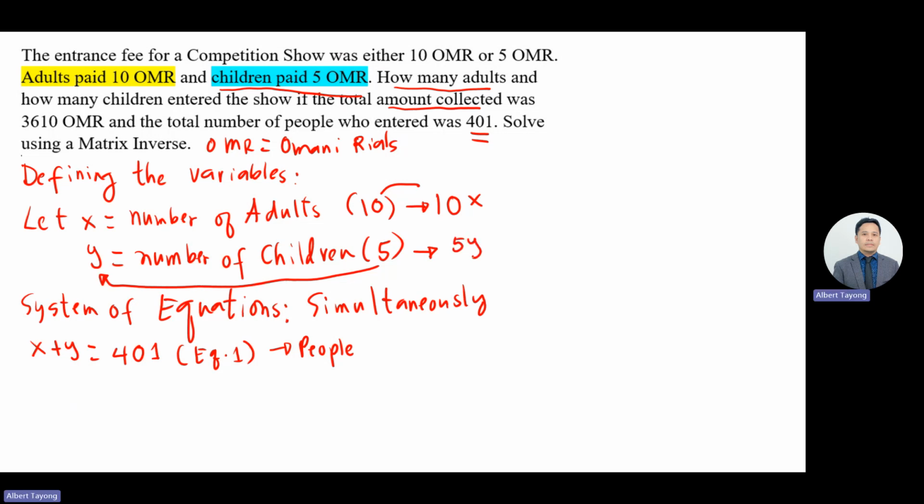That is 5y, the total amount collected for children, and the total amount collected for adults is 10x. Okay? Multiply the amount by the number of people. So common sense would tell us that the second equation is 10x plus 5y equals the total amount collected, which is 3610. This is our equation 2, and this talks about the amount collected.